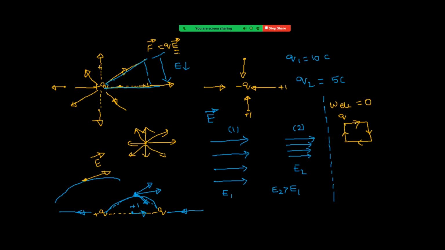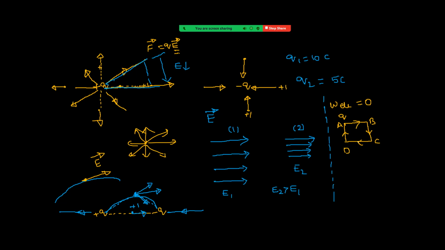So the force is now along that line, right? I am writing here A, B, C, and D. While taking the positive charge from A to B, the work done by the electric force is positive. A to B. B to C is also positive.